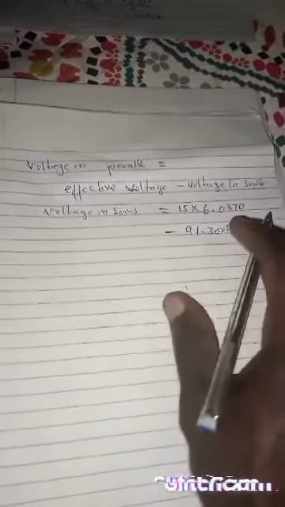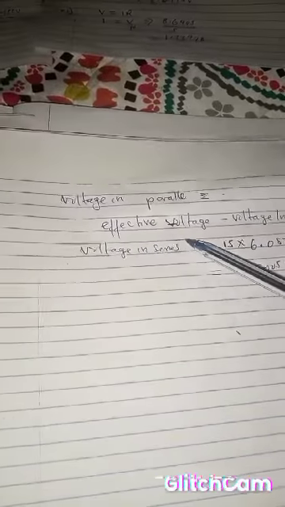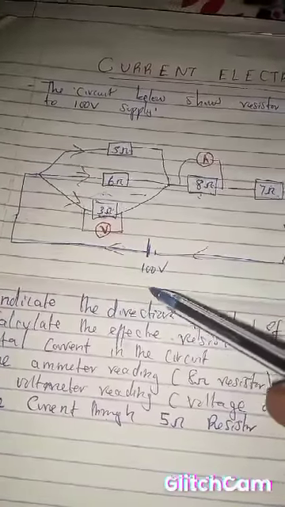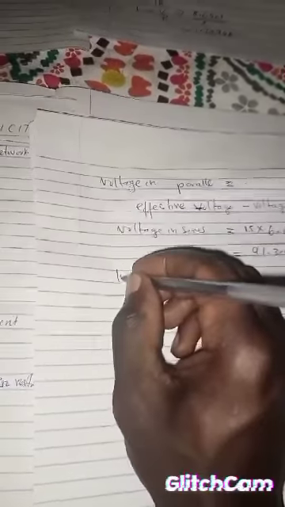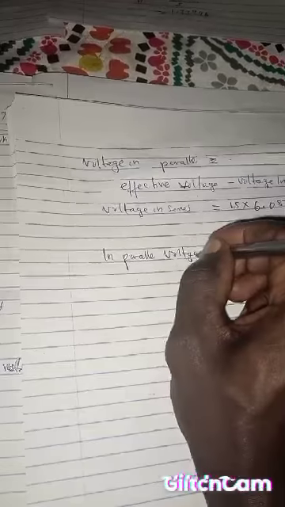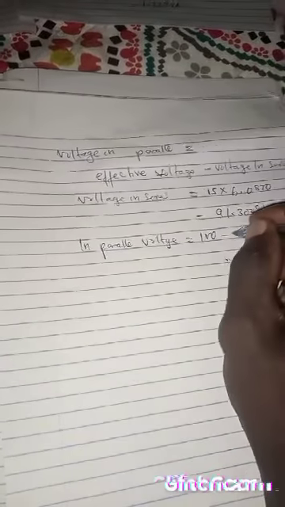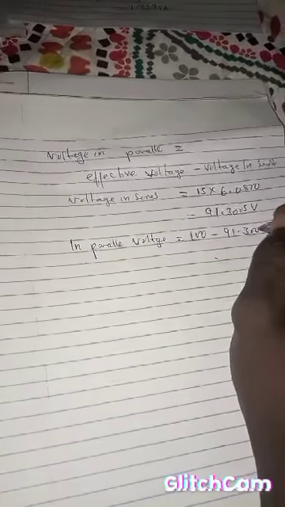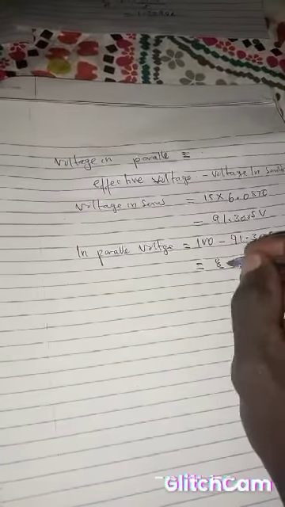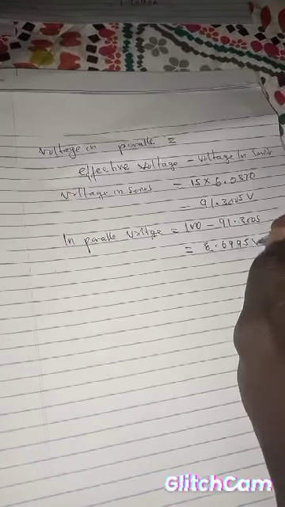So voltage in series becomes 91.3005 volts, and now the remaining one will be the voltage in parallel, according to this formula, that voltage in parallel is equal to the effective voltage minus the voltage in series. Our effective voltage here is the main supply, which is 100 volts. So in parallel, voltage is given by 100 minus the one in series, which gives us a remaining voltage of 8.6995 volts.